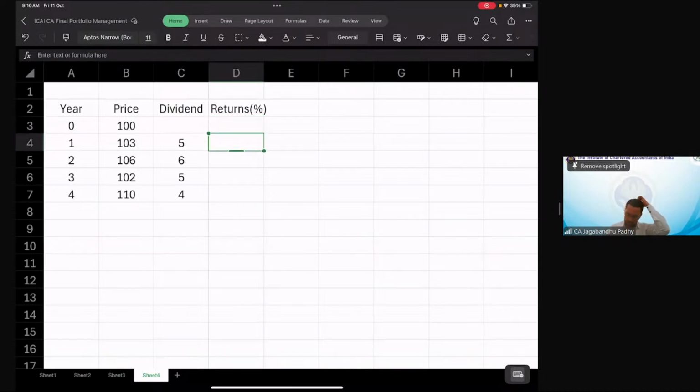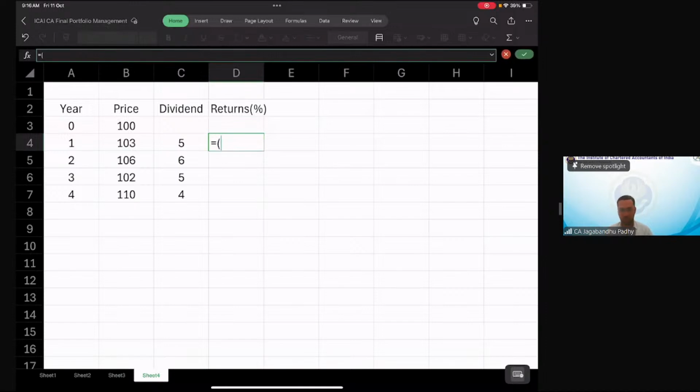In the first year, what's the rate of return that we have earned? 103 minus 100. Can I simply divide it by 100? Can I say the return earned in the first year is price in year 1 minus price in year 0, divided by price in year 0? Is this correct? Or do you see something missing in this formula?